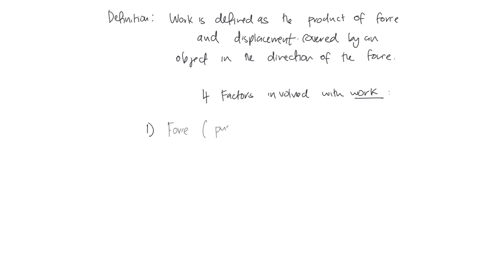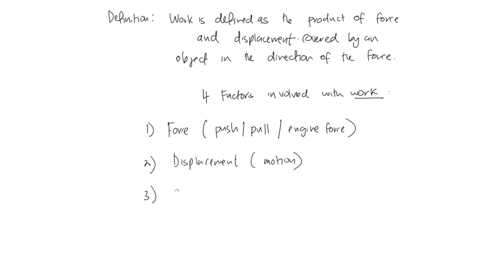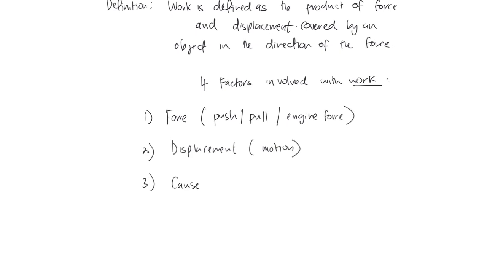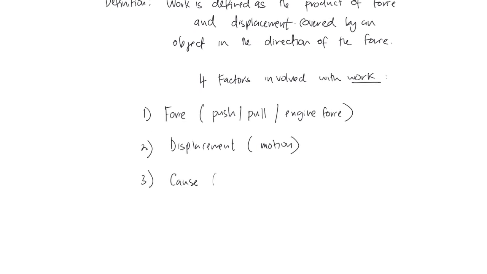And that force could be a push or any kind of pull, or an engine force would also be considered a force. The second thing is there needs to be displacement. That means the object must have some sort of motion that it goes through. The third thing is a cause. So what effect takes place? And the fourth thing is direction.